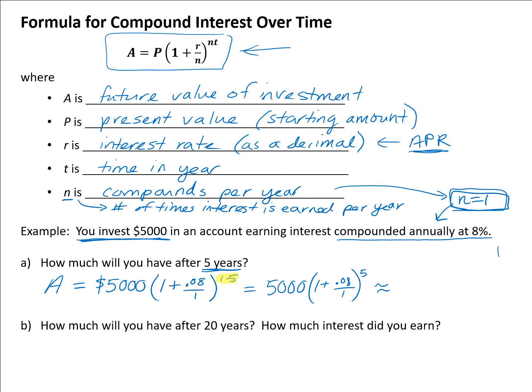The button for raising something to the 5th power in a scientific calculator often looks like a little up arrow. It's called a caret, or you might see it as something that looks like y to the x. That's the button that says do an exponent.